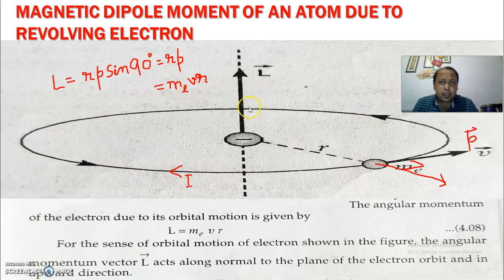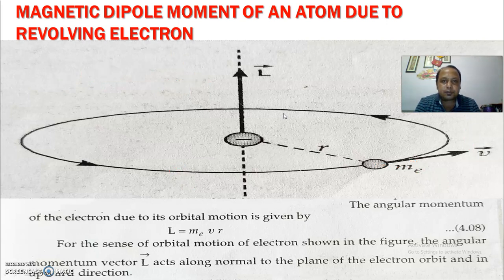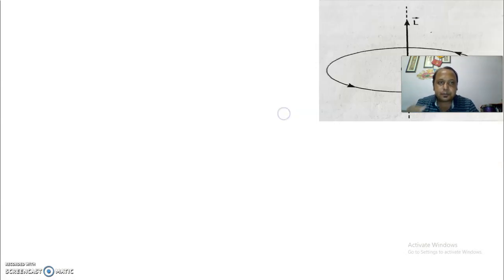The formula for vector L is given by r cross p, and if we use our right hand thumb rule, that is, curl the fingers from r to p, the direction of L will be in the upward direction as shown here. So if this is clear, now we are going to find the exact value which represents the topic, that is, the magnetic dipole moment. So let us see how it is done.